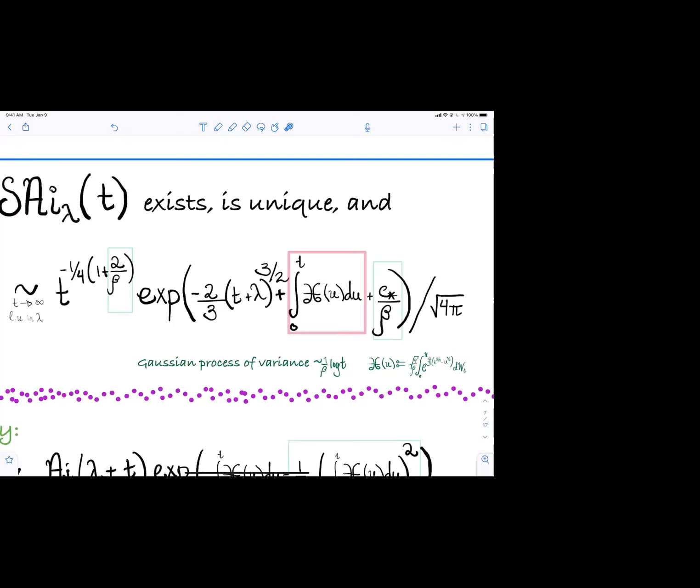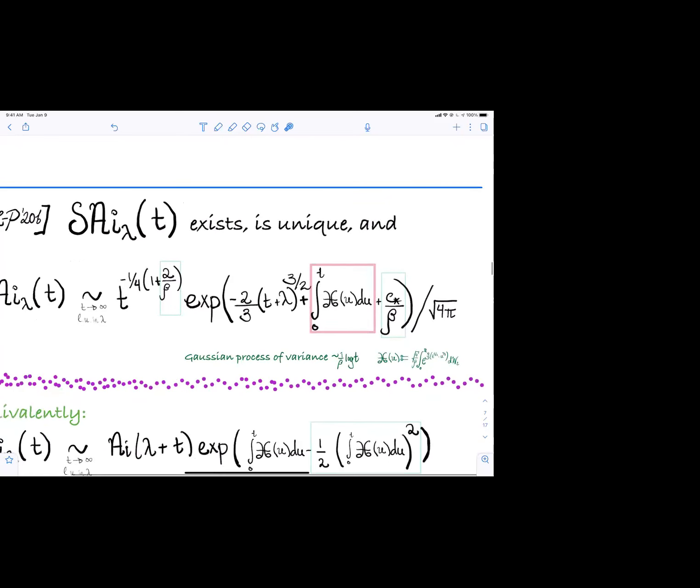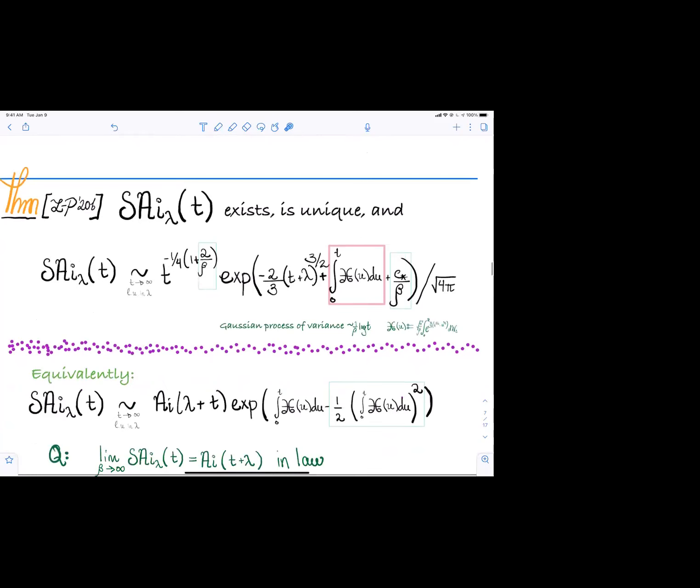It has a variance which grows like a logarithm, and this starts to bring us back to log-normal random variables and Gaussian multiplicative chaoses. So there's some logarithmic variance term, and there are some constants that depend on 1 over beta. And actually, maybe you would like it more if I rewrite this as: the stochastic Airy function just behaves as the Airy function multiplied by an exponential of a Gaussian process, and then renormalized by its expectation.